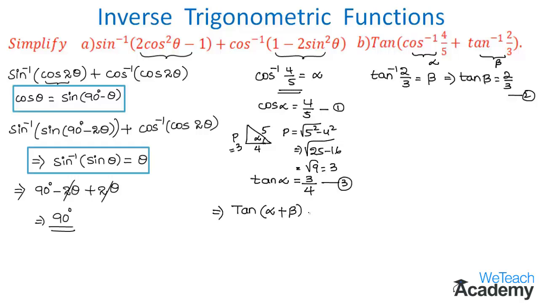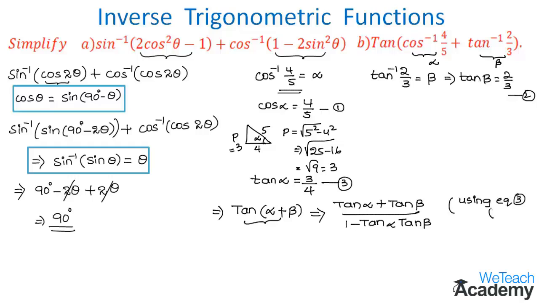So by using the compound angle formula, tan of alpha plus beta is equal to tan alpha plus tan beta divided by 1 minus tan alpha into tan beta. And now let us substitute the values of tan alpha and tan beta using equations 3 and 2. So that implies we get here equation 3, which is 3 by 4, plus equation 2, that is 2 by 3, divided by 1 minus the value of tan alpha, which is 3 by 4, into the value of tan beta, which is 2 by 3.